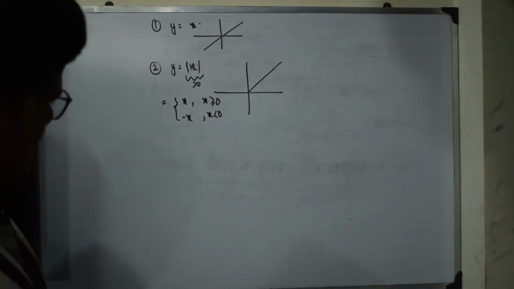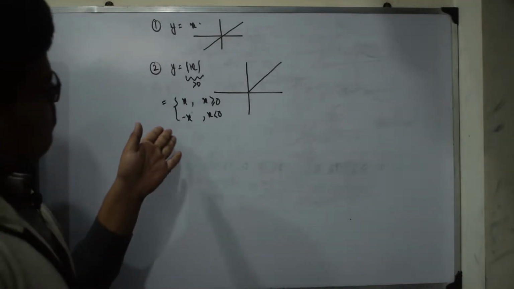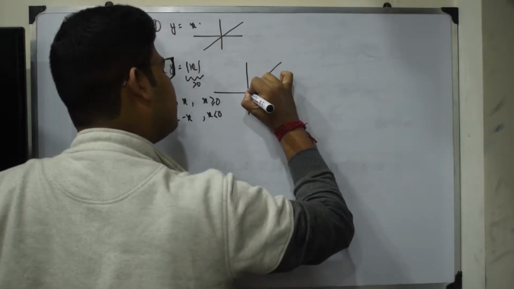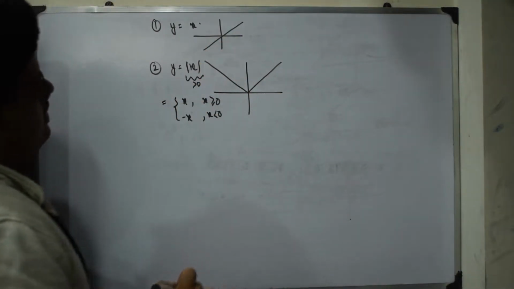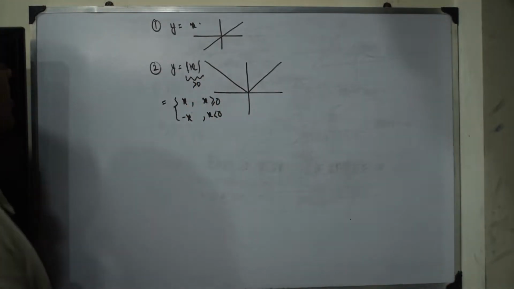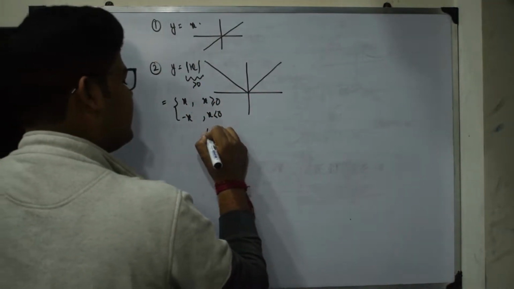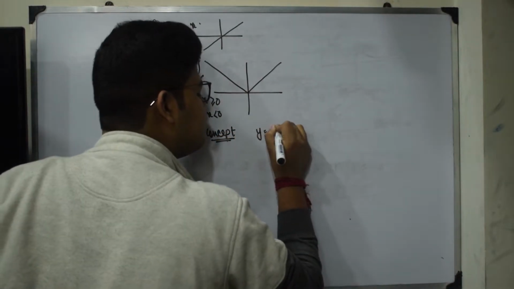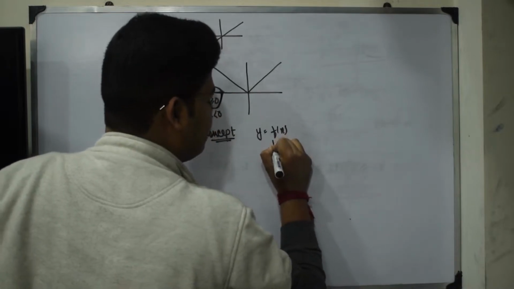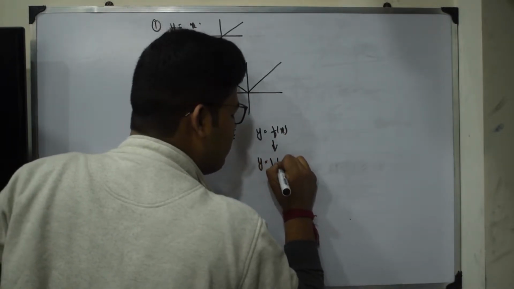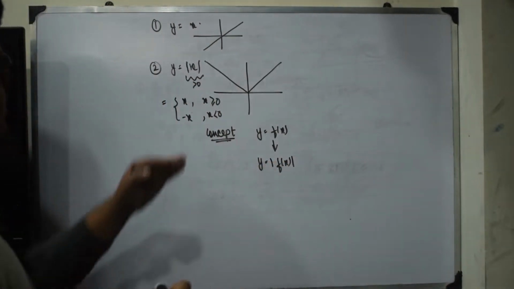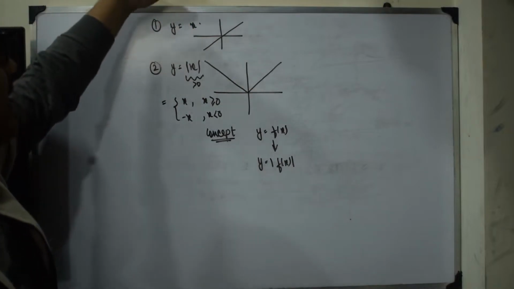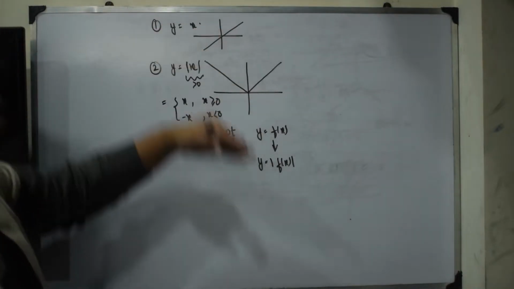Now if y equals x is this line, then y equals minus x will surely be this line. You can think of it like this, or there is a concept which you may note down. The concept is basically, when a function y equals f(x) is transformed to y equals mod of f(x), we generally consider the x-axis as the mirror and take the reflection of whatever portion is below it.